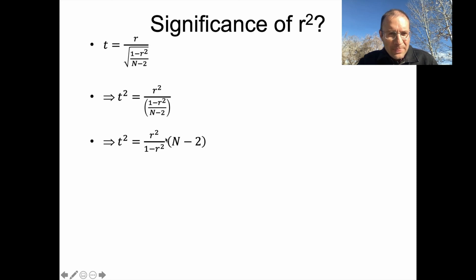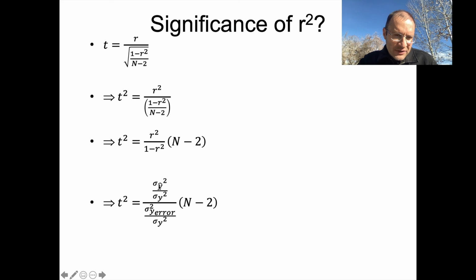I can flip that fraction in the bottom to convert it to this, where I have r squared divided by 1 minus r squared times n minus 2. All of a sudden, this should start looking familiar, right? This is that ratio we were concerned about. So r squared is just the percentage of y that I can predict, and 1 minus r squared is the percentage of y I can't predict.